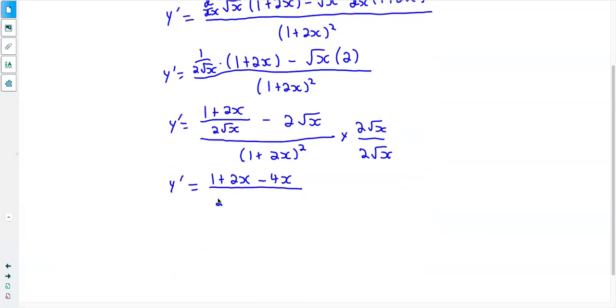So we've got 2 root x times (1 plus 2x) squared. So that gives us y prime is equal to (1 minus 2x) over 2 root x times (1 plus 2x) squared.